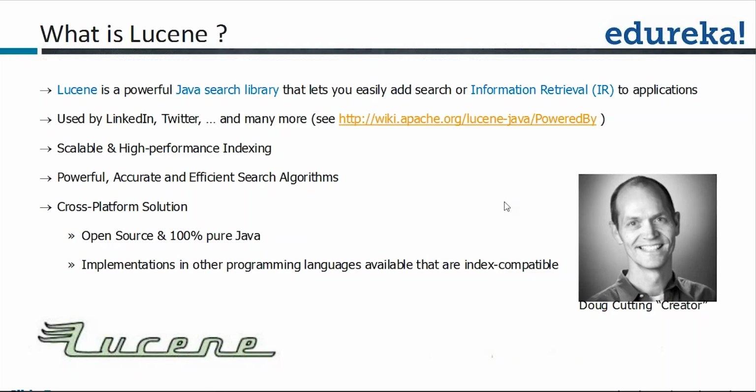Plus, the biggest advantage it has is that it gives you a cross platform solution. Which means that though it is based on Java, you can use it in .NET, Python, and PHP. So there are implementations available in other programming languages as well, which are index capable and compatible.